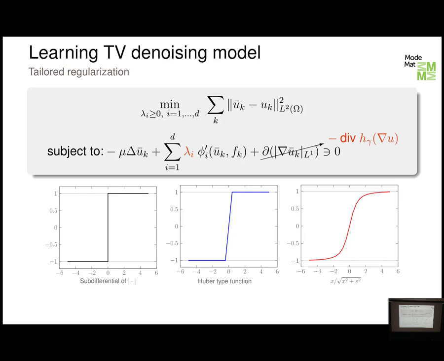So the first idea that you usually have in this setting is to regularize the problem. And if you regularize the variational inequality, what you obtain is actually a partial differential equation of quasi-linear type. And if you regularize, you may have different outcomes actually.